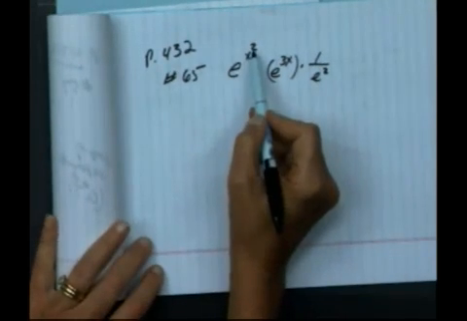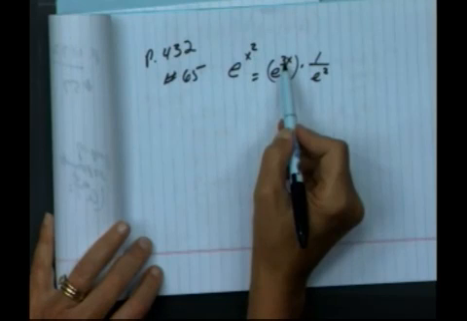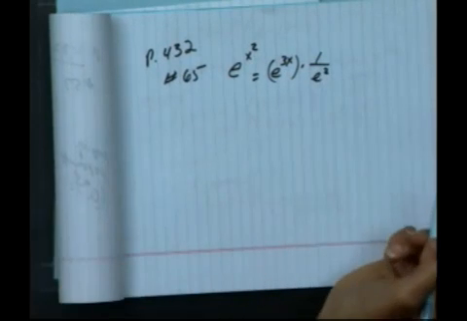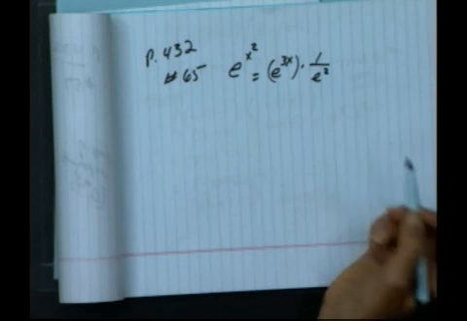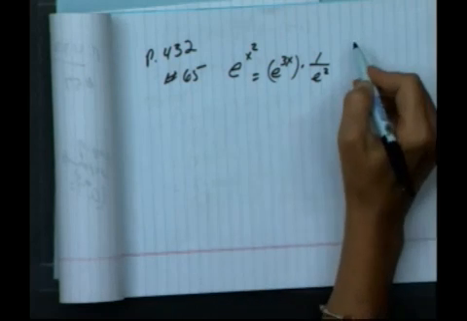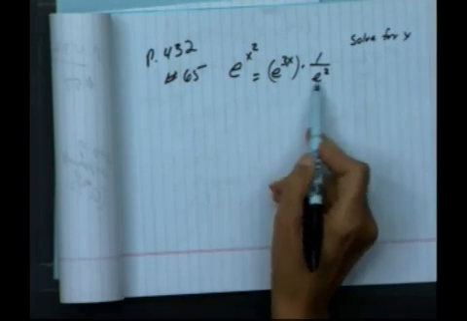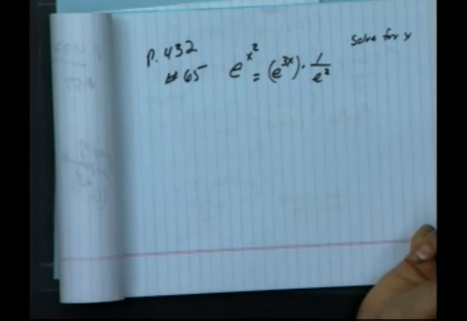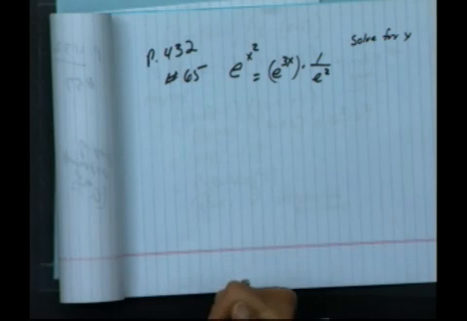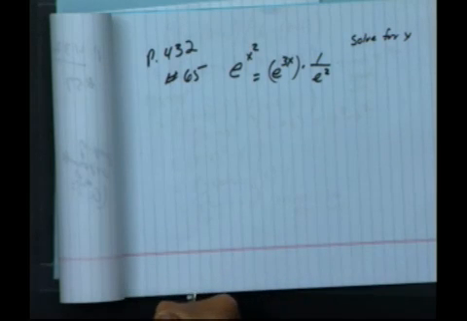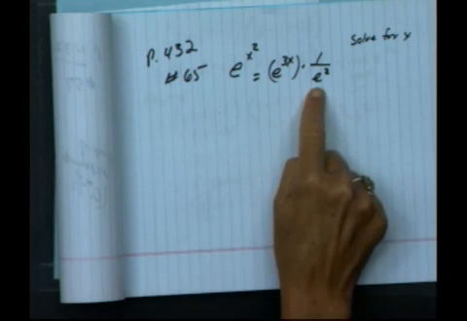So we have e to the x squared equals e to the 3x times 1 over e squared. All right, I need some suggestions on how we're going to start solving for x. What do I need to do over on the right side? Change the 1 over e squared to e to negative 2.